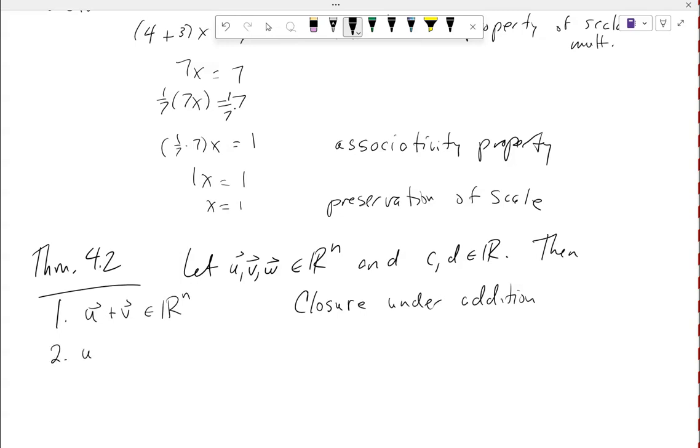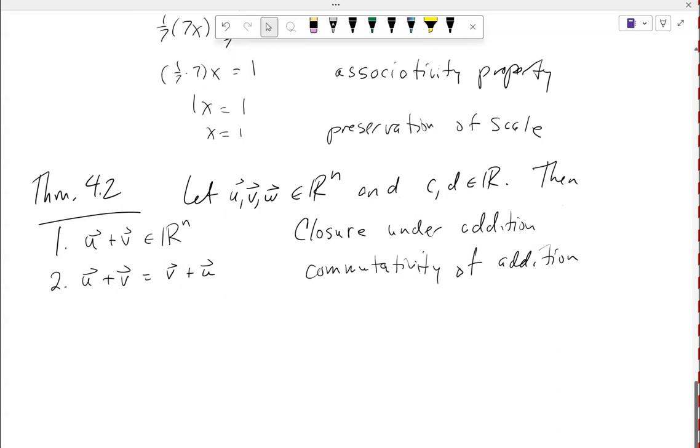The second one says that we can add in either order. So we have U plus V is equal to V plus U. That's a U, not a W. I don't know why I'm insistent on writing a W there.